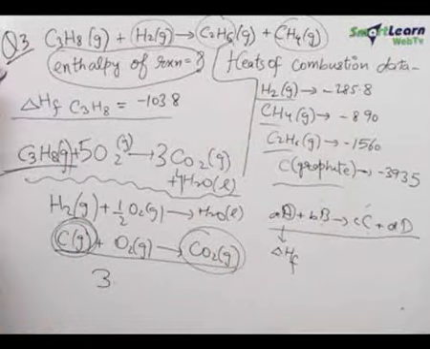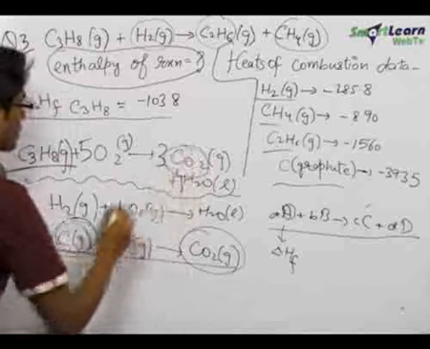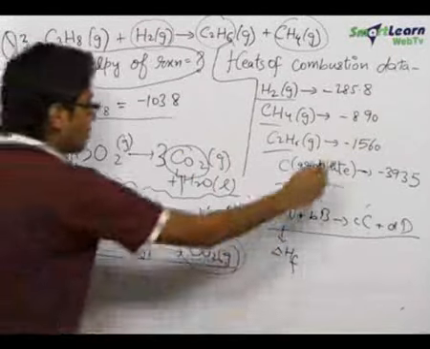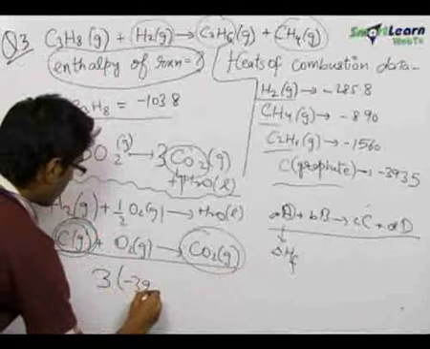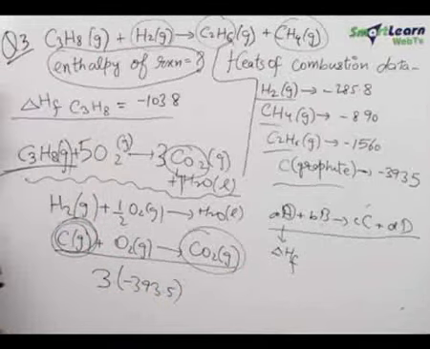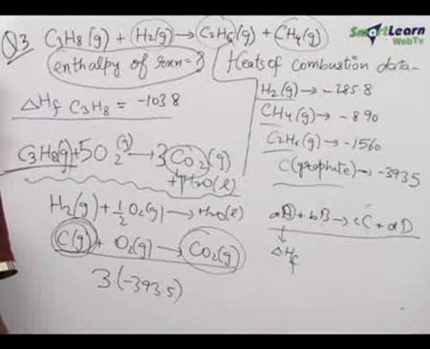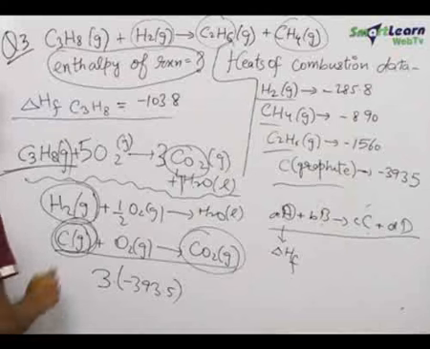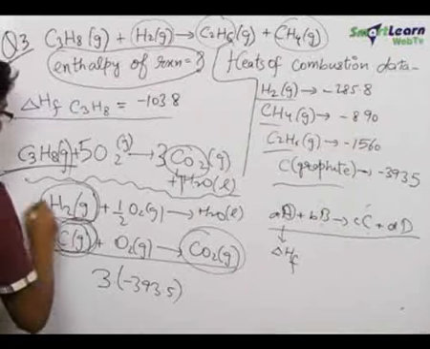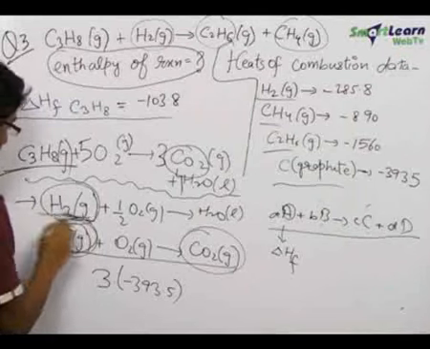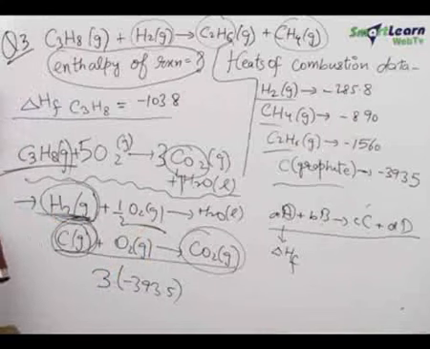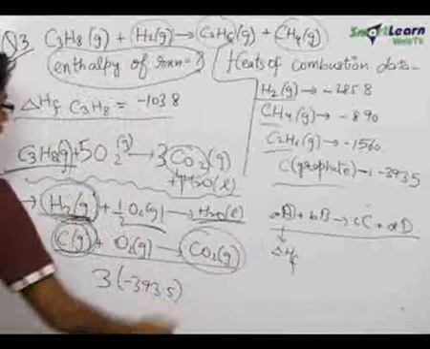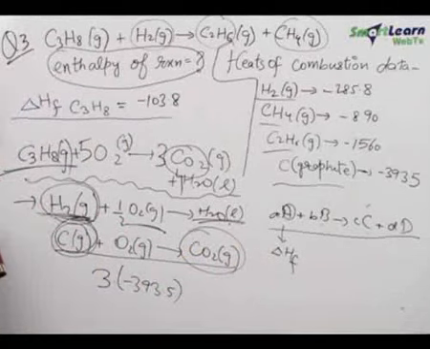Hence 3 into heat of formation of CO2, which is equal to 3 into heat of combustion of carbon, which is equal to minus 393.5, plus 4 into heat of formation of water, which is the same as heat of combustion of hydrogen, because hydrogen is getting reacted with oxygen, which is a combustion reaction, and we are getting the formation of water.